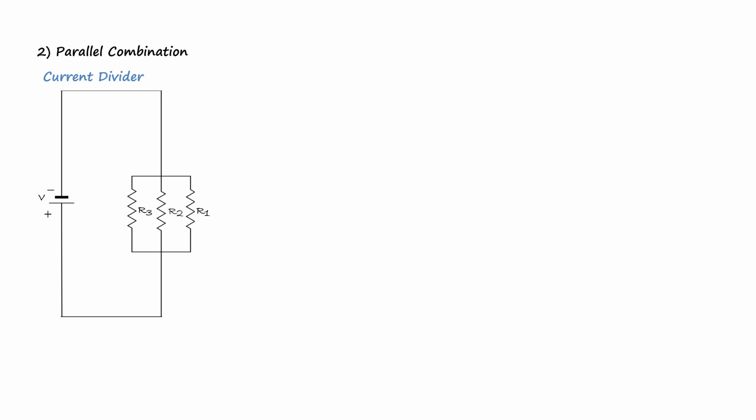There is I, or I total, from the voltage source or battery, and it is divided into I1, I2 and I3. So I total is equal to I1 plus I2 plus I3.